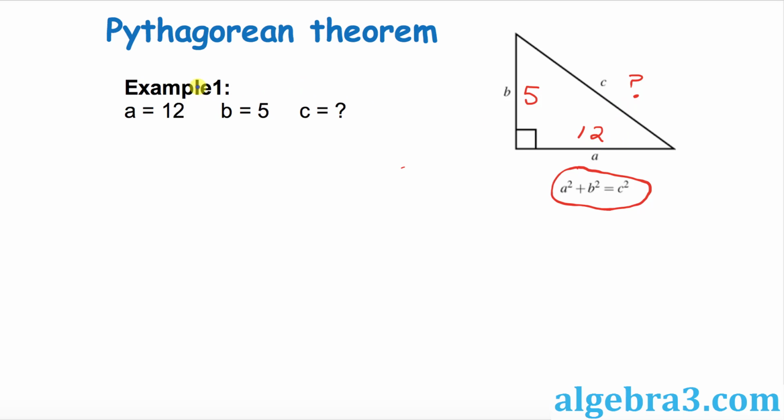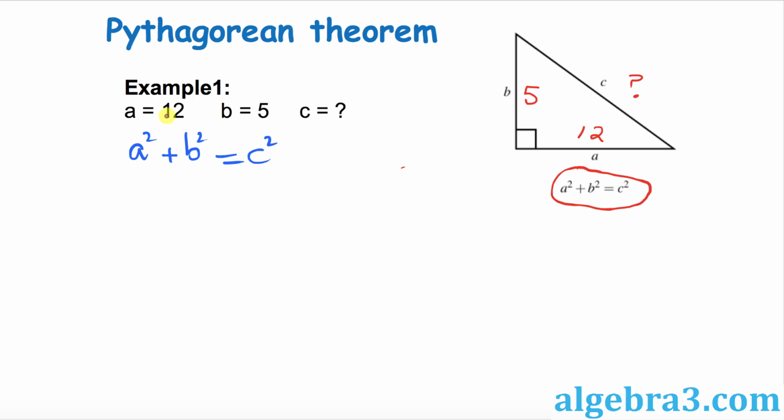In this very first example, I will show you how you can find any unknown side of a right triangle. Here we have been given side a is 12 units, side b is 5, and we don't know side c. So we're going to figure out side c using the Pythagorean theorem: a squared plus b squared equals c squared.